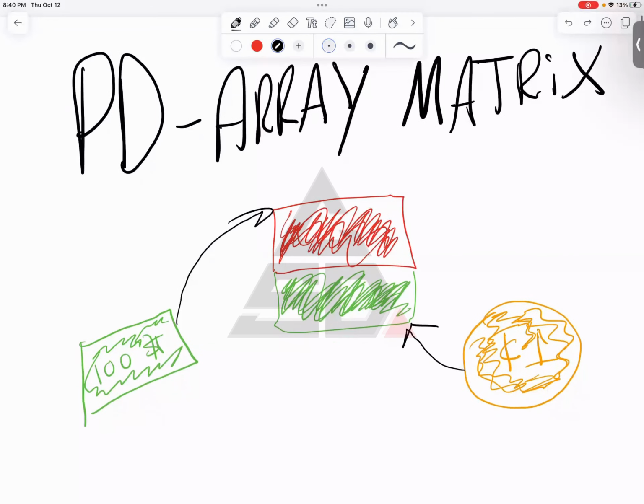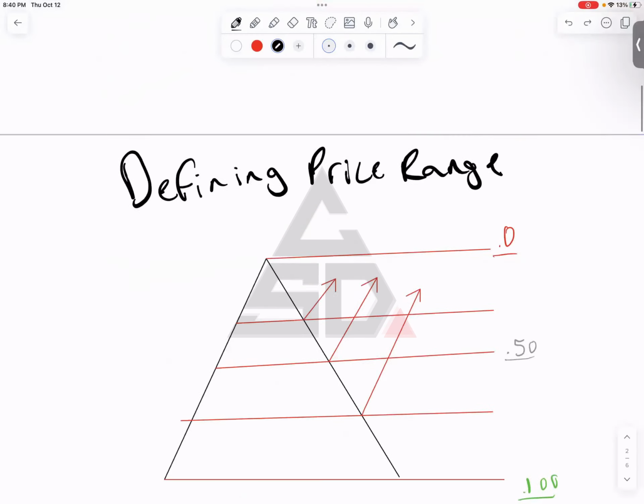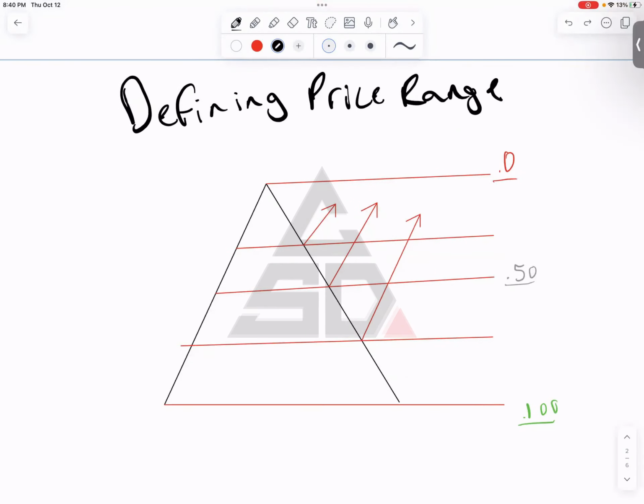Now that being said, we want to break it down, and we're going to get into more detail about how you can utilize it. So let's continue on. This is something I feel everybody needs to learn: defining price ranges. This is how I view my price ranges, and also PDRA.